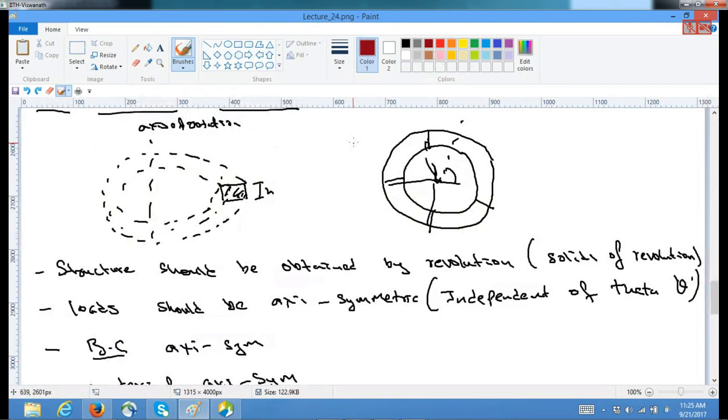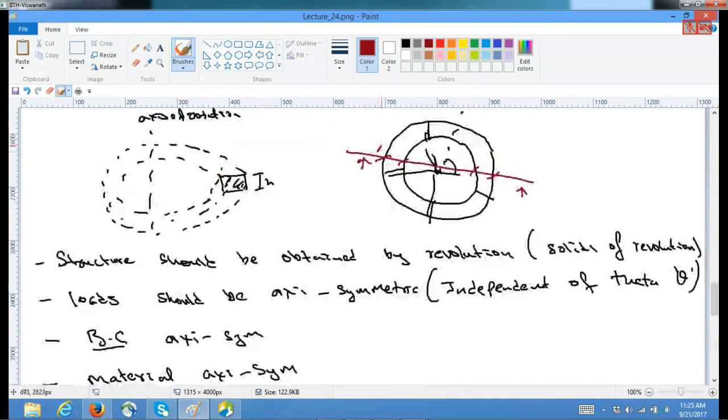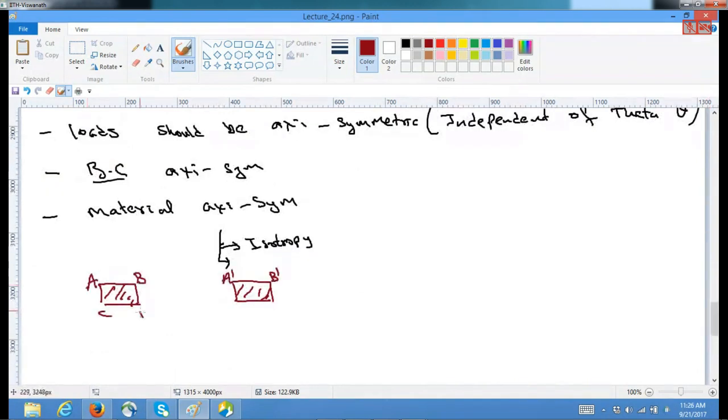If I'm looking in this direction, it would look like C D, C dash D dash.